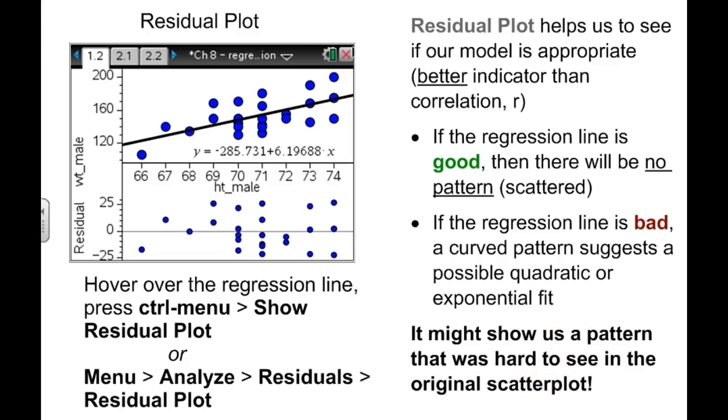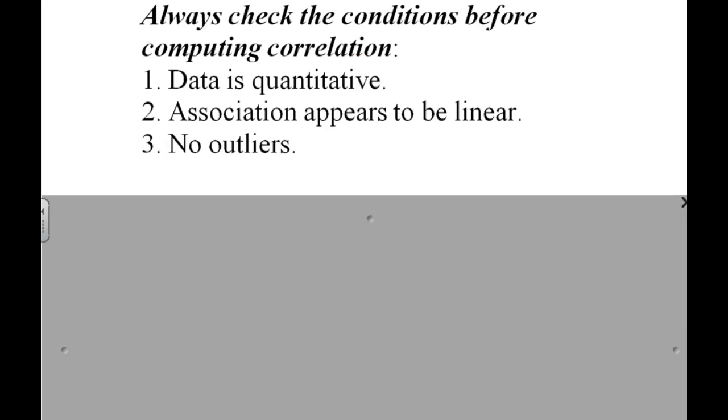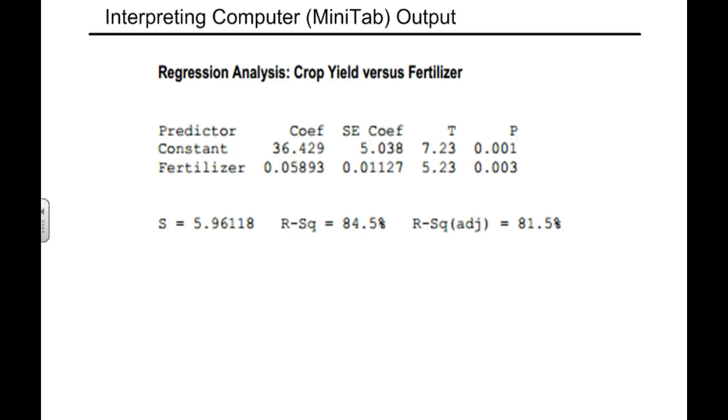And the last thing is always check the conditions. Now, I want to get to this page right here. So here we are. If you get here, we want to get the predicted value.